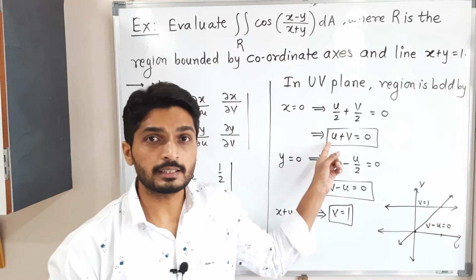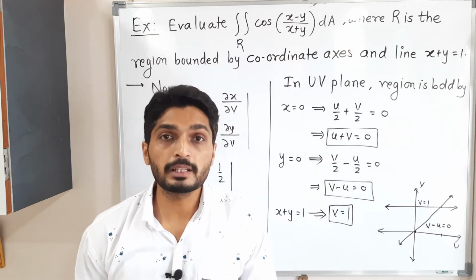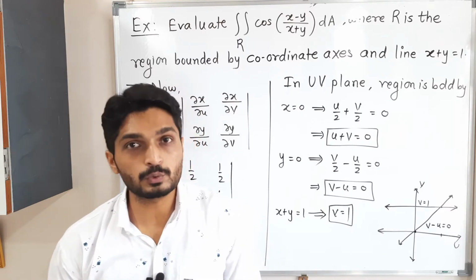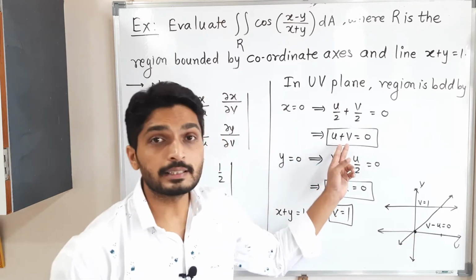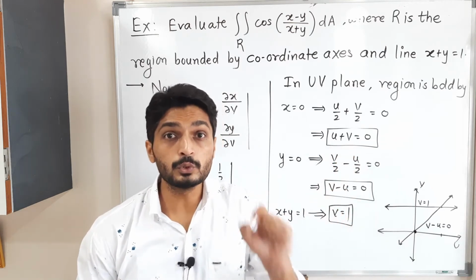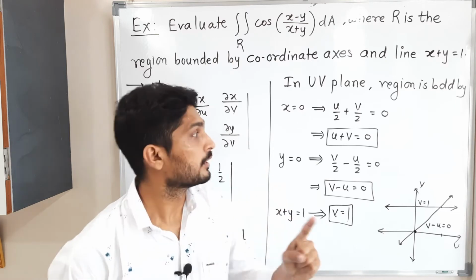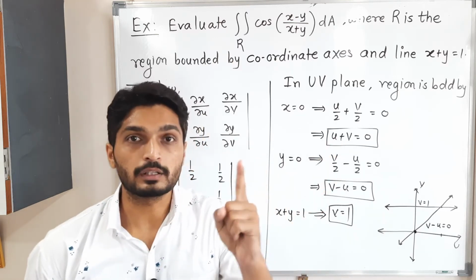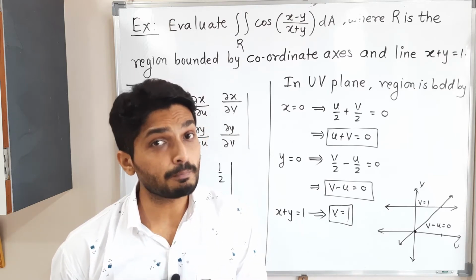Now let us draw the other line. In this equation, if I put u is equal to 0, what will be the value of v? V is also equal to 0, so the point is 0, 0 again. If I put v is equal to 1, what will be the value of u? U is equal to minus 1.